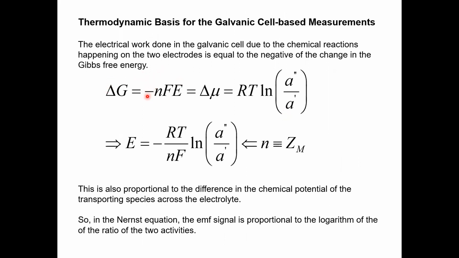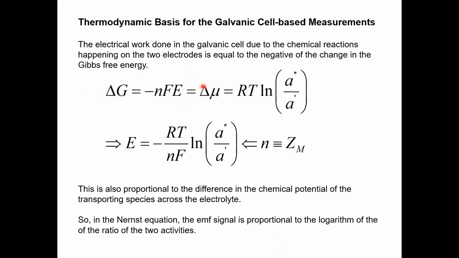And in a galvanic cell, you have chemical reactions happening on both electrodes, which are known as half cell reactions. If you add up the two half cell reactions, you get the overall delta G of that reaction, which is related to the electrical work in the galvanic cell. It is given by negative n F times the EMF, where n is the number of moles of electrons being transferred to the external circuit, and F is the Faraday constant.